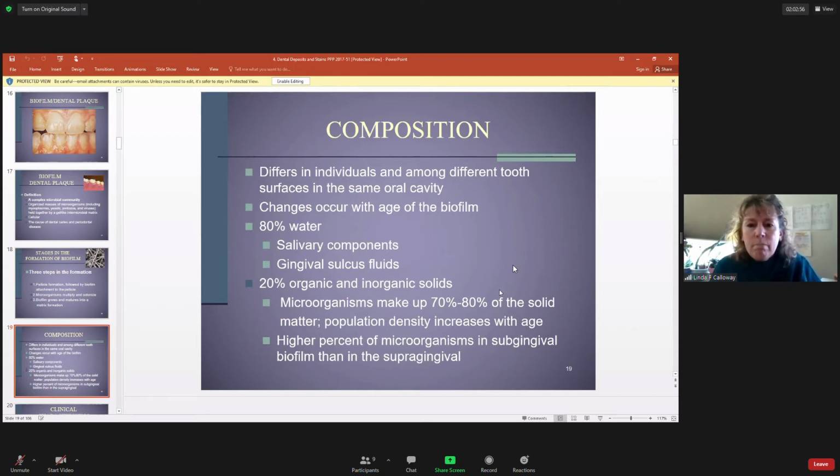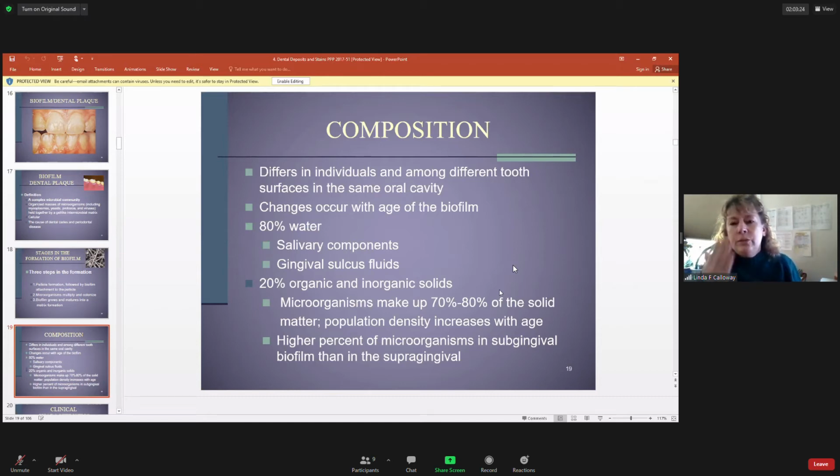Bacteria. And like we saw in the slide before, protozoa, yeast, all kinds of stuff. The population density increases with age. They're not talking about the age of the person, they're talking about the age of the bacterial layer, the plaque layer, the biofilm.